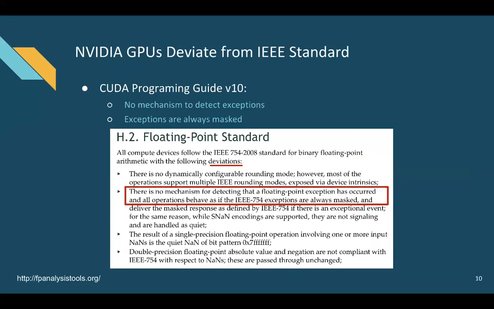What this means is that there may be programs that have numerically incorrect results because of an exception, and the programmer doesn't know about it because there's no mechanism in the GPU to detect that, right? This may be a little bit scary, but fortunately, we are developing tools to solve this problem, and I'll show you later a tool that we are developing to detect these problems in GPUs.